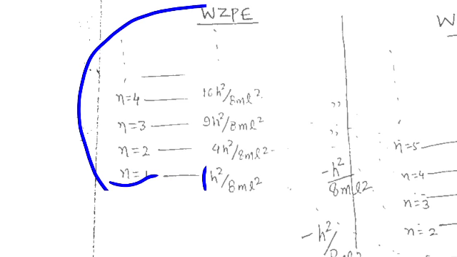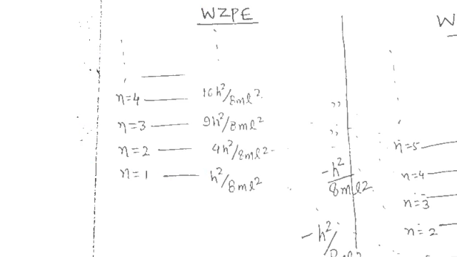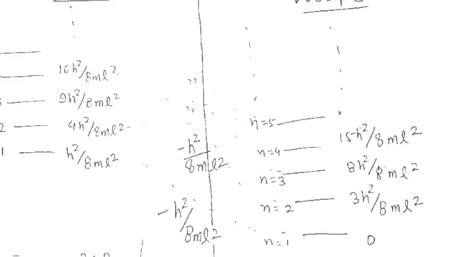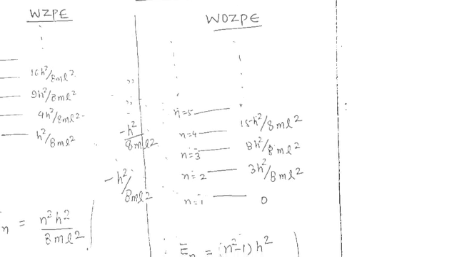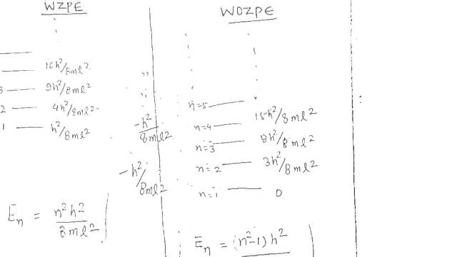So what have I done here? Look here, without zero point energy, this is n equals 1 and this is n equals 1.